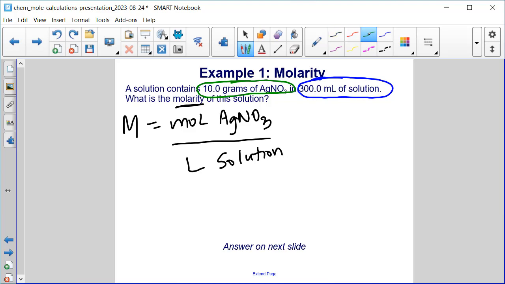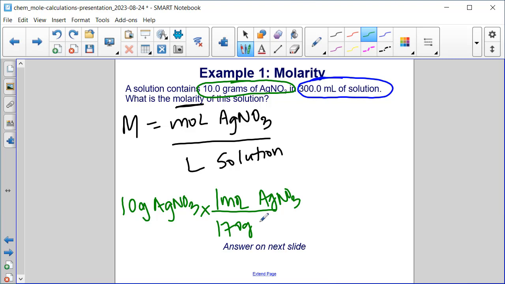Let's first focus on the moles of AgNO3. We're given 10 grams, and we need to convert that into moles. The molar mass is about 170 grams per mole, and that is 0.0589 moles of silver nitrate.